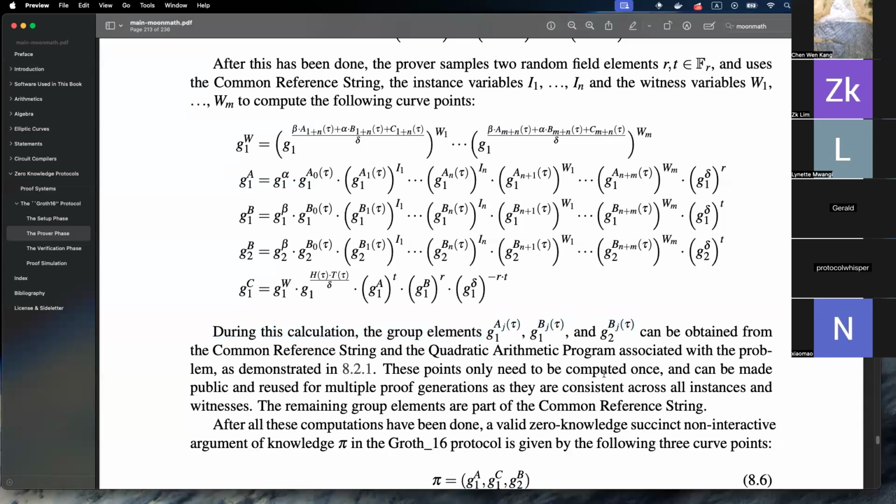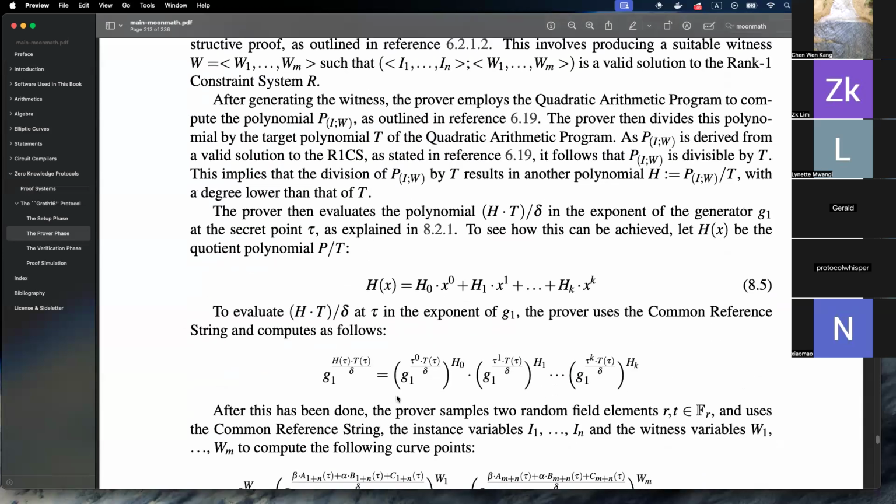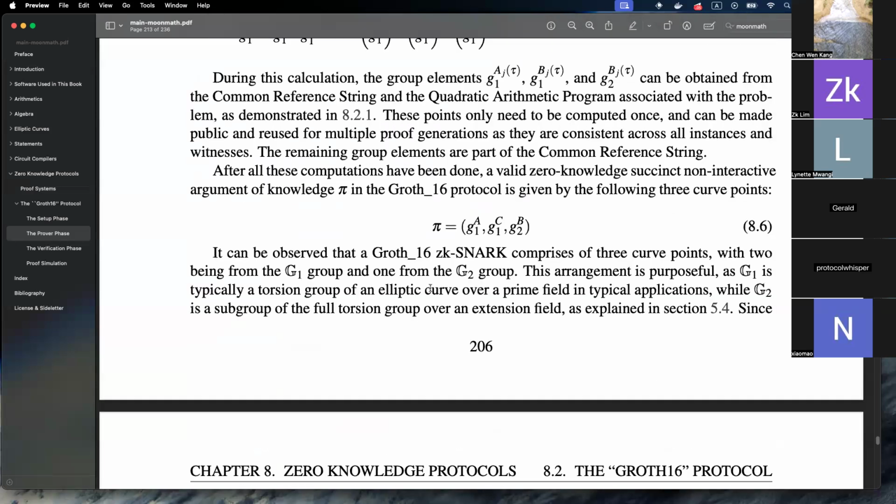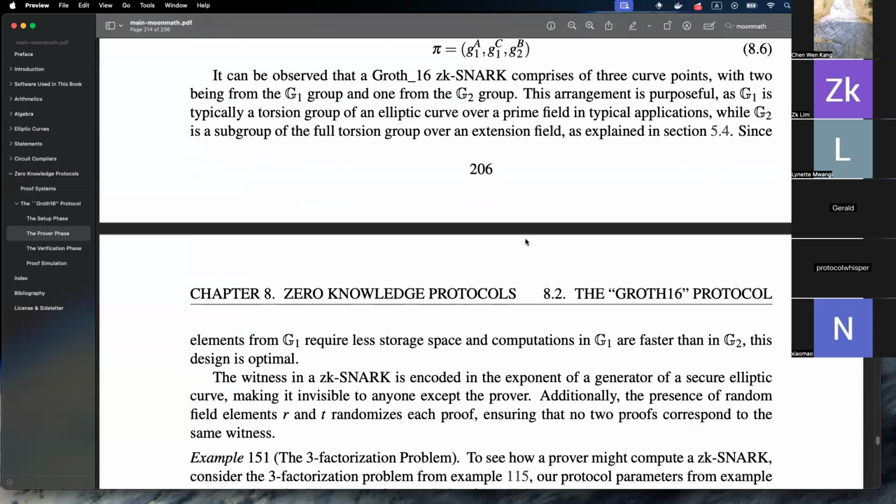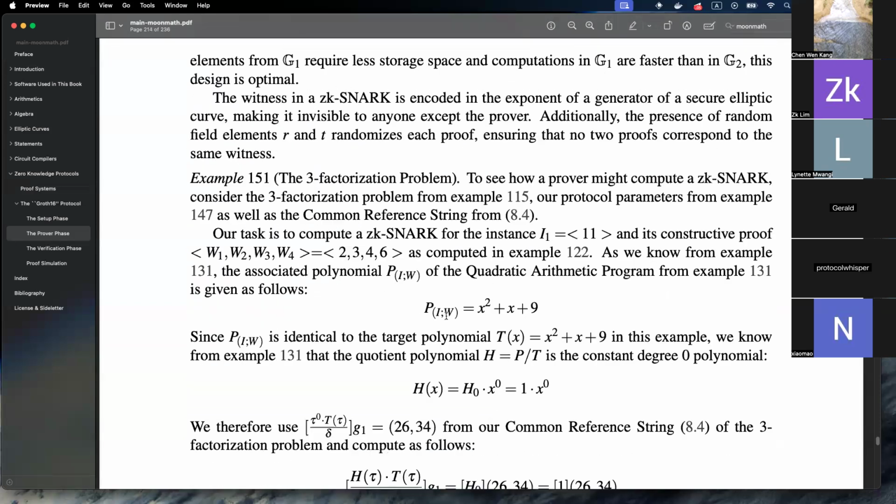So after these few steps, we start to generate our proof. And to generate our proof, it's in the form of G1A, G1C, G2B. This ABC is no longer referring to the R1CS. This is the portion of the proof. So here essentially, how do we generate it?